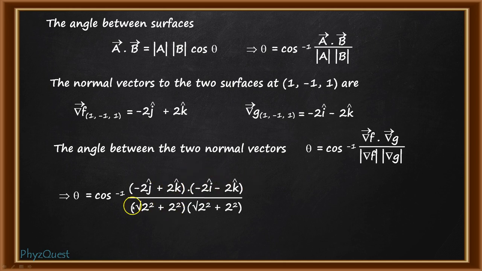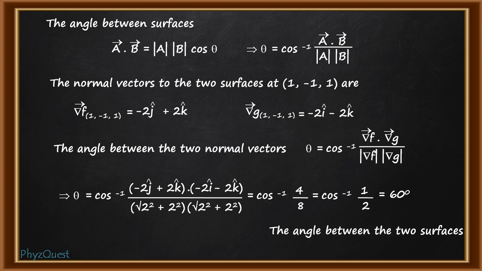For the denominator, this is square root of 8 and this is also square root of 8, so the denominator will be square root of 8 into square root of 8, that is 8. So this is cos inverse of 4 by 8, which is equal to cos inverse of 1 by 2, which is equal to 60 degrees. So this is the angle between the two surfaces at (1, -1, 1).